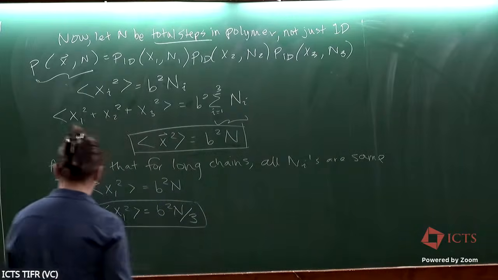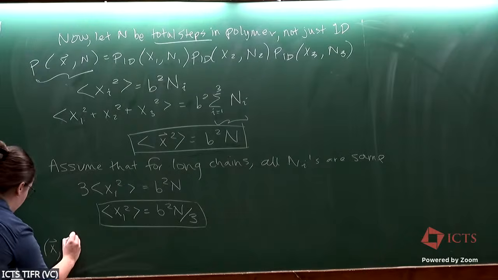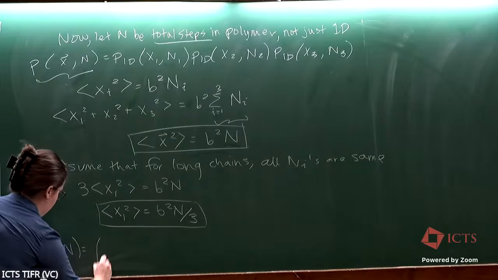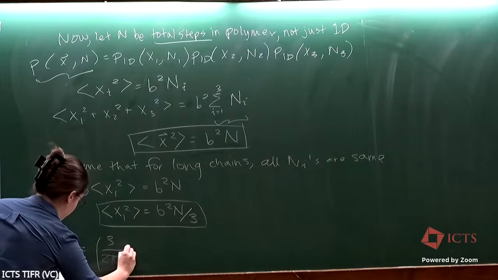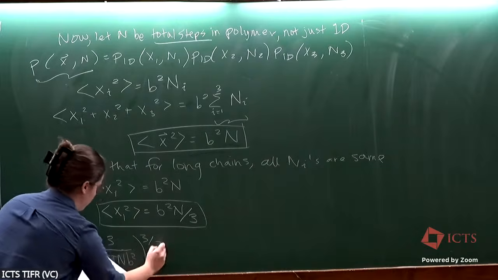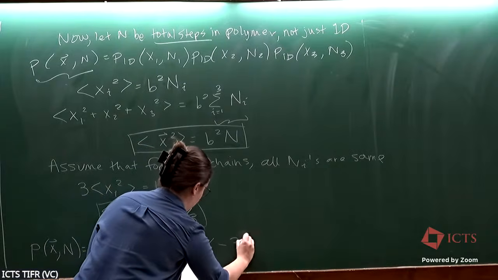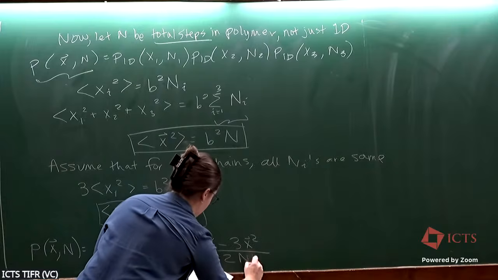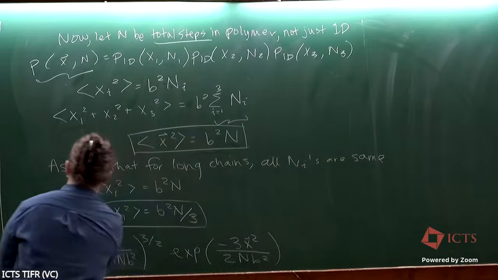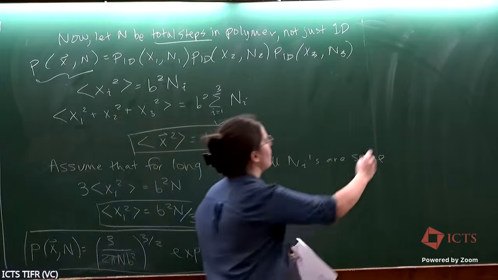What this gives us is this beautiful probability distribution, which is 3 over 2 pi n b squared to the 3 halves, e to the negative 3 x squared over 2 n b squared. So this is the end-to-end probability distribution of a random walk in 3 dimensions.